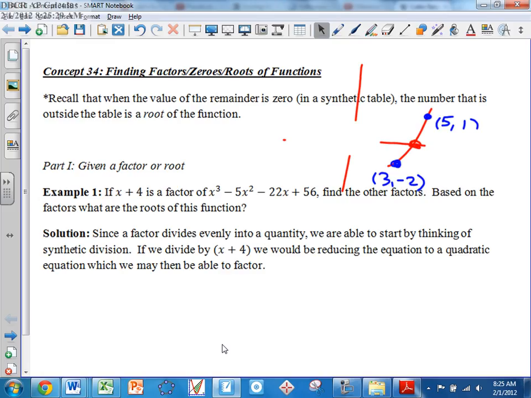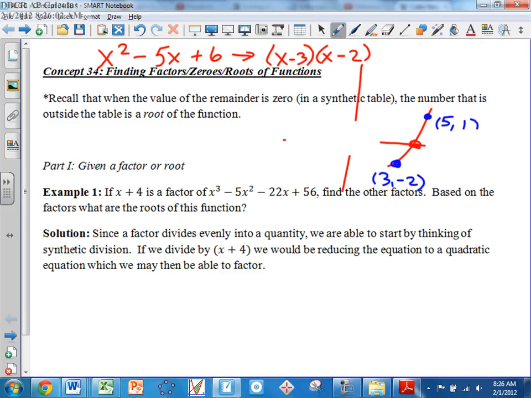So, to do this, we have to think about the correlation between a factor and a root. A factor and a root. So, if I were able to factor something like x squared minus 5x plus 6, can somebody please factor this equation? Put your x's on the outside. Okay, what are the numbers? x is on the outside, clearly. Minus 3, minus 2.